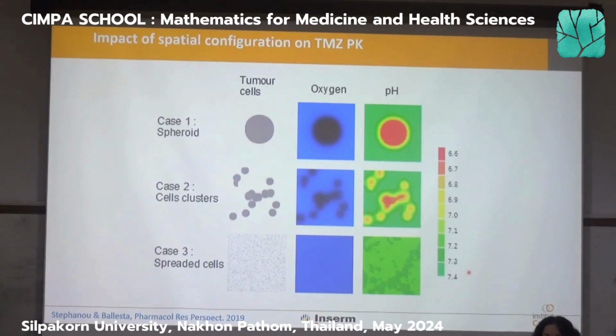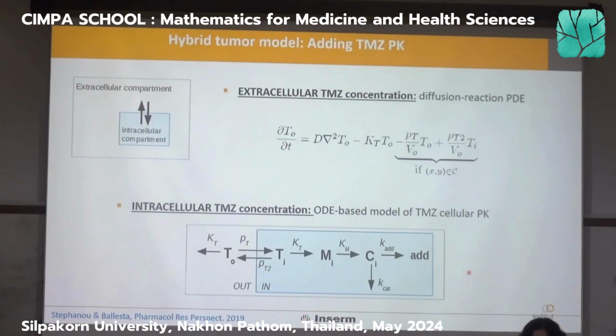Now I want to add the model for the drug. So I'm going to use more or less the same model that I developed in the OD part. So first of all, I want to show you the equation for the extracellular temozolomide. So extracellular temozolomide also follows a reaction-diffusion equation.